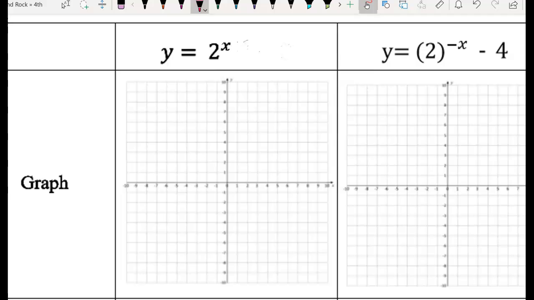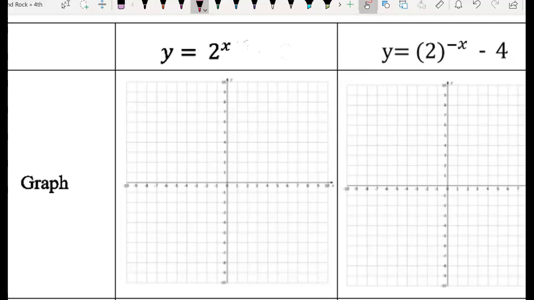Changing the base does not determine a transformation. Changing the base just creates a new parent function. So if I had 100 raised to the power of x, that's also a parent function. If it's ever asking you for transformations, you never state the change in base. Okay? So yes, we're going to go ahead and graph 2 raised to the power of x, which is a parent function.